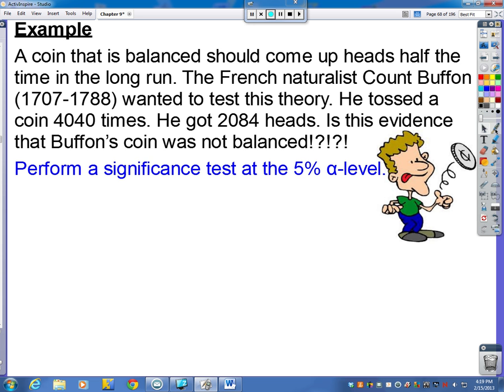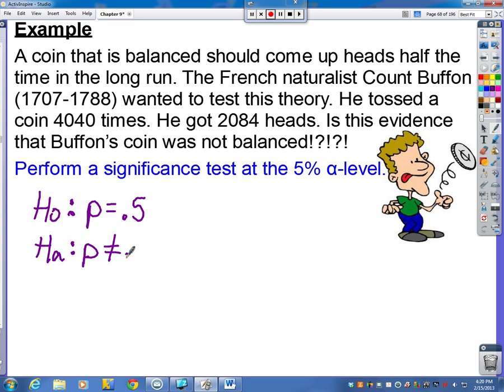So first, we need to write our null and alternate hypotheses. Our null hypothesis is that the proportion of times that he gets a head, p, should be equal to 0.5. It should be 1/2, 50%. Versus, we want to see if this coin is unfair, but we don't really know whether we're going to get more or less than 50% heads.